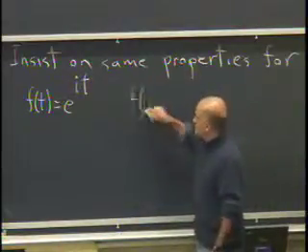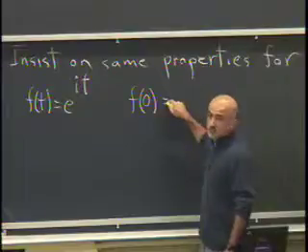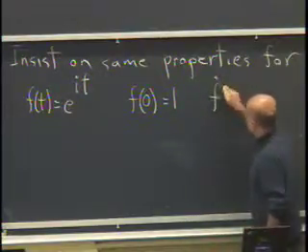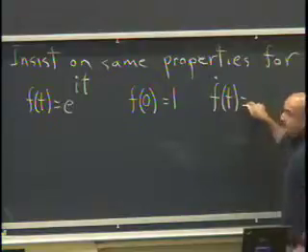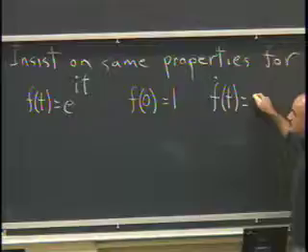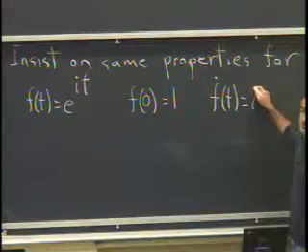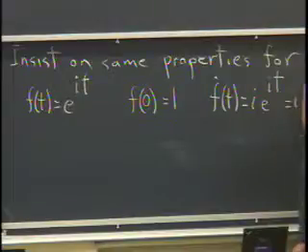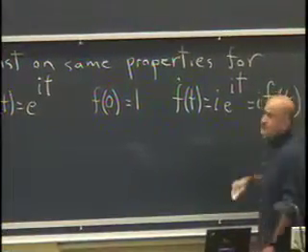F at 0 is 1. And f dot is i times what? E to the i t. In other words, it's i times f of t.